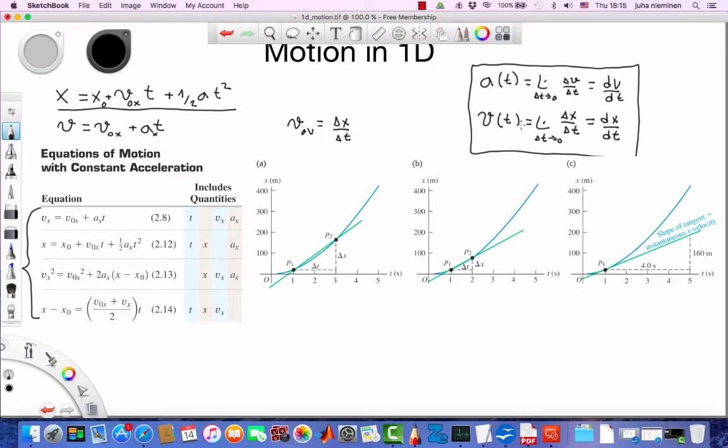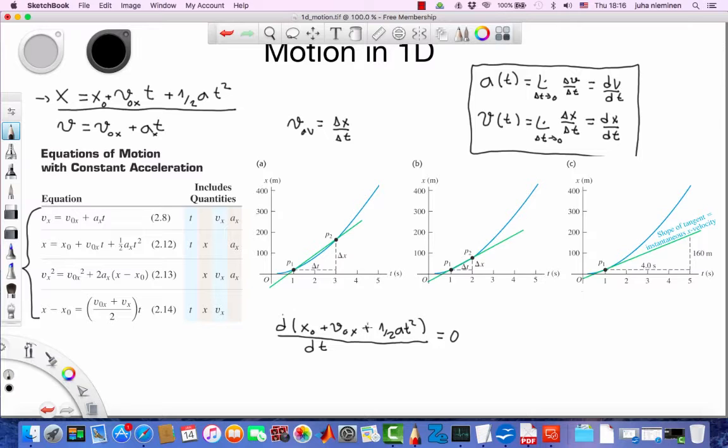And we can see how this works. So let's look at this expression here. We are claiming that if we take the derivative with respect to time, we should get the velocity. So let's do that. We have d of everything inside, so x0 is just a constant, and that gives 0.